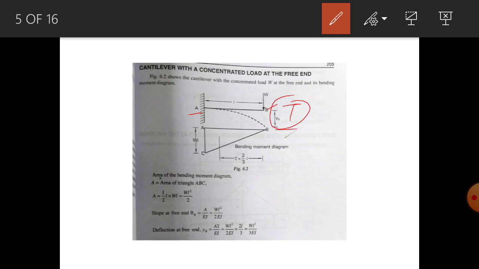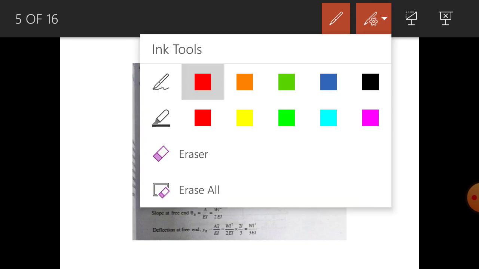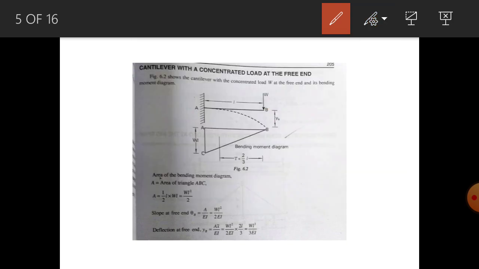To calculate the slope, we have drawn the bending moment diagram. For that diagram, you have to calculate the area. It is a triangle, so half base into height. Base is how much? WL.